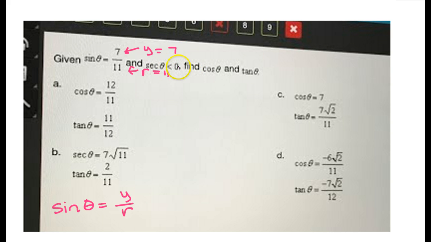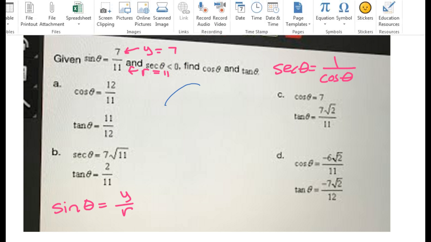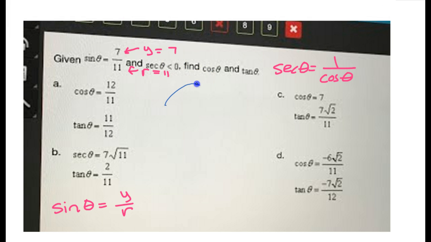Now, secant is less than 0. Remember that secant is the reciprocal of cosine. So secant will be positive or negative in the same places where cosine is positive and negative. So in what quadrants will cosine be negative? Because that's really what this is saying.